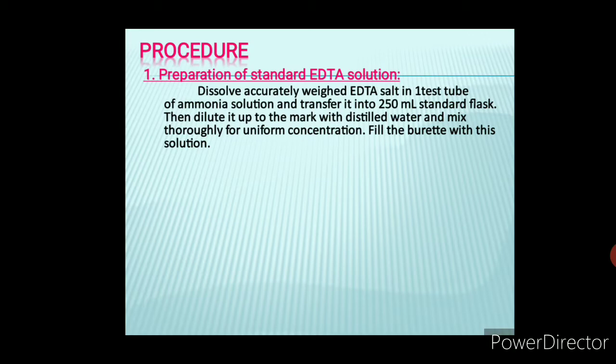Then we transfer it into a standard 250 ml volumetric flask, and slowly add distilled water till the 250 ml mark, and shake properly. We need to make sure that the prepared solution is uniform. In this manner the EDTA solution is prepared, and this same solution we fill in the burette and use as the titrant.